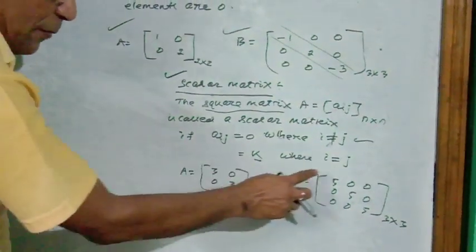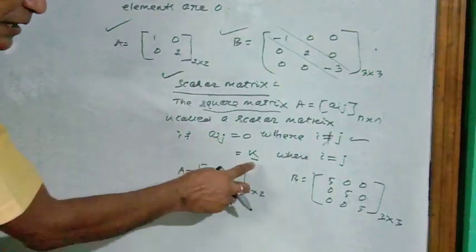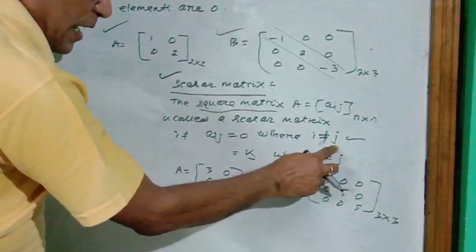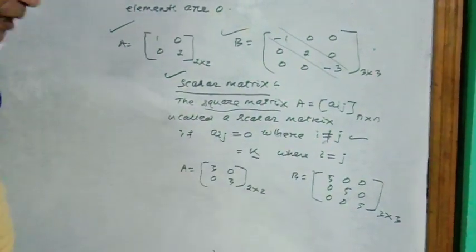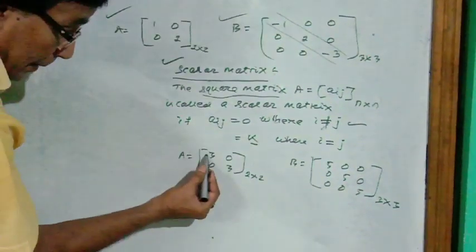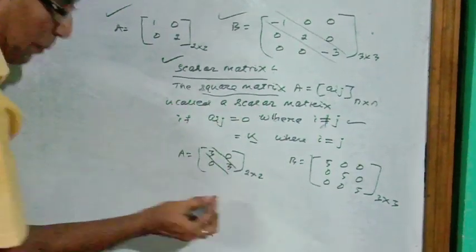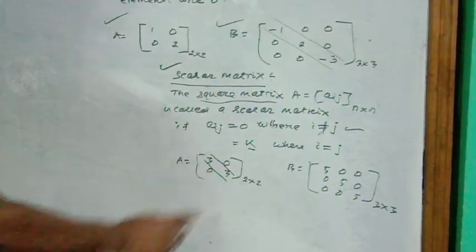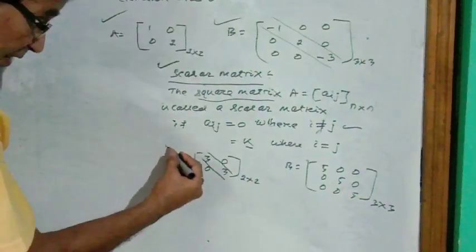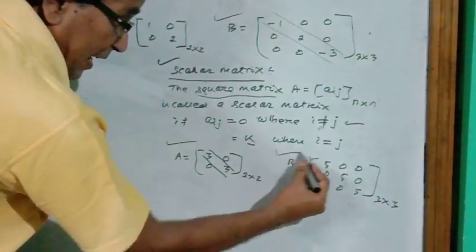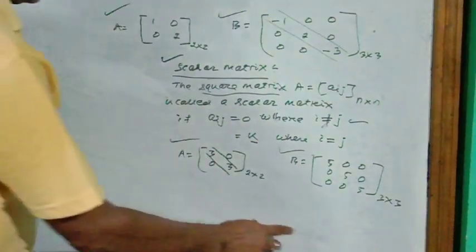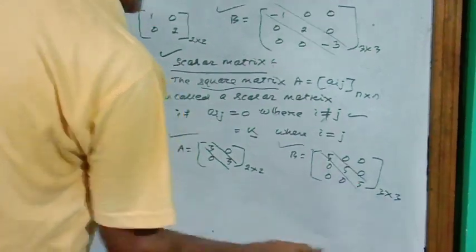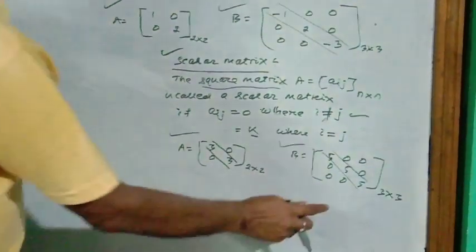That means if i is equal to j, then Aij must be k, and for i not equal to j, Aij should be equal to 0. So here you see that the elements of the principal diagonal are the same, 3, 3, and non-diagonal elements are 0, 0. So it is a scalar matrix. Similarly, it is another example of a scalar matrix, 5, 5, 5. The elements of the principal diagonal are 5, 5, 5 and other elements are 0. So it is a scalar matrix.